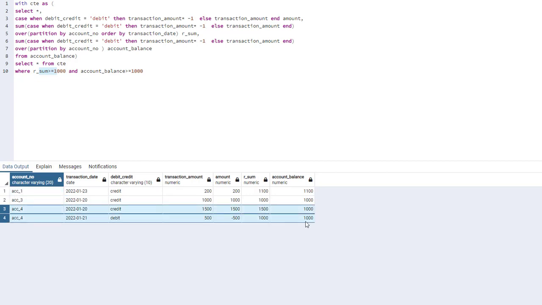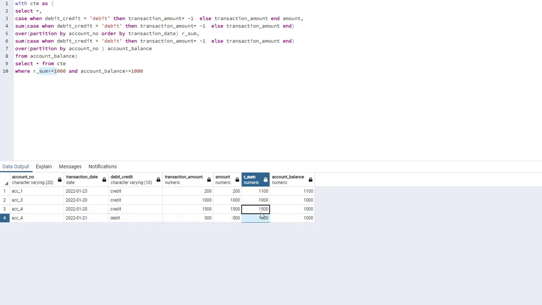we have two rows because the account reached 1000 here, but it's still above or equal to 1000. But we are looking only for the first date where the account reached 1000.